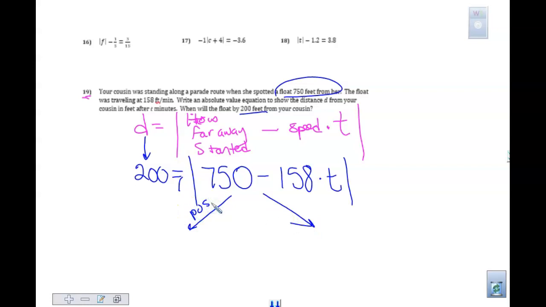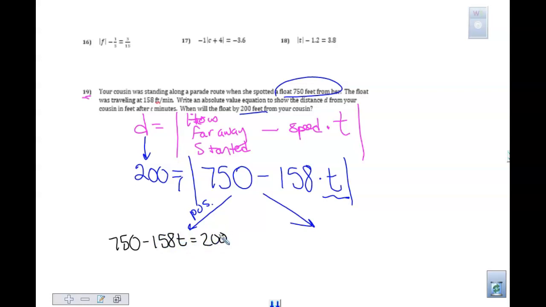And I'm trying to figure out my time. I personally like to put this part in the absolute value first. Does it matter if I put the 200 first or the 750 minus? Not at all. I like putting 750 minus 158t equals 200. That was my positive case.